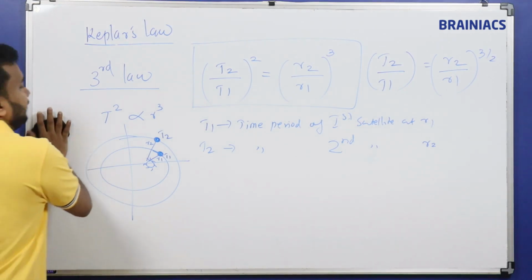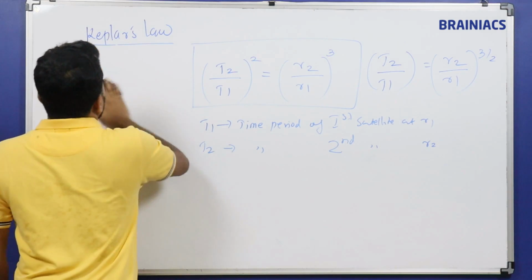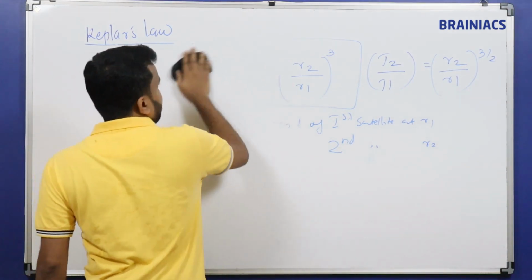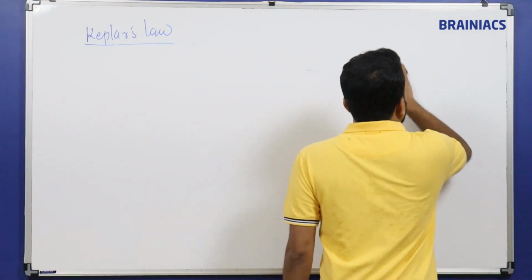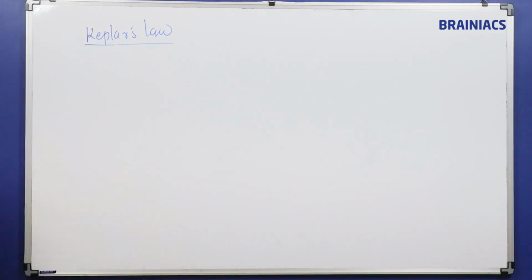Planets are revolving around the sun at different speeds. The mass of the planet is small m, the mass of the sun is capital Ms. Let's do a question. Let me get my questions, one second.